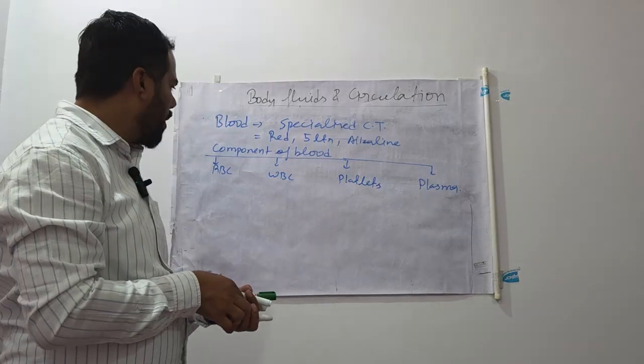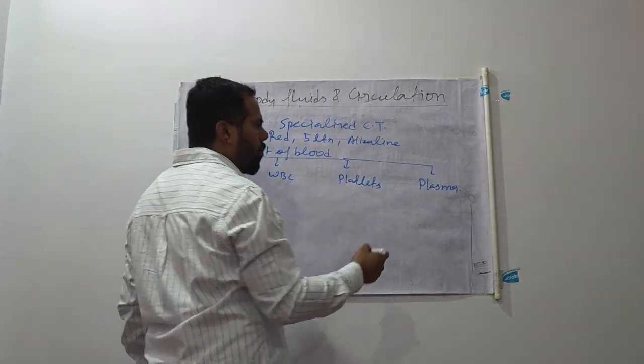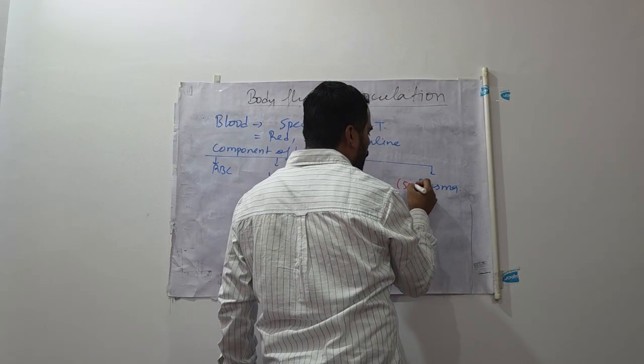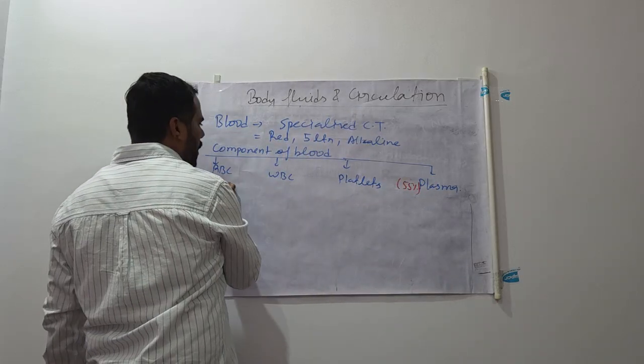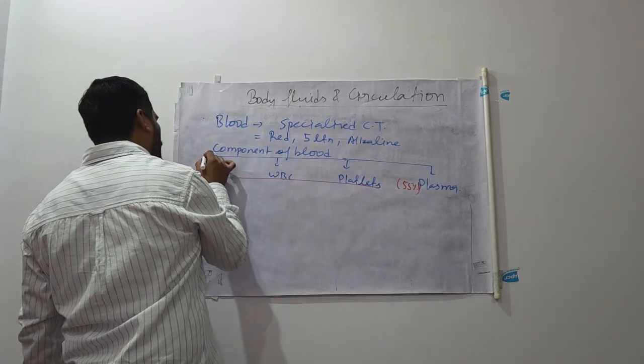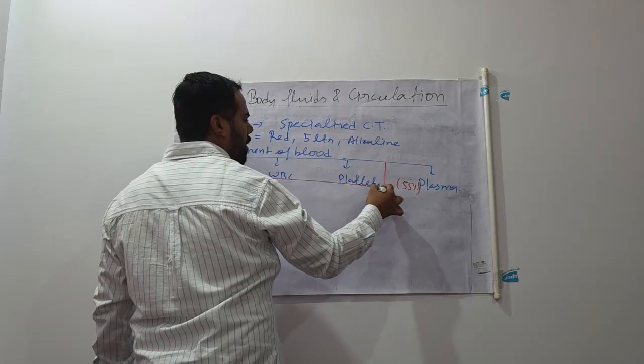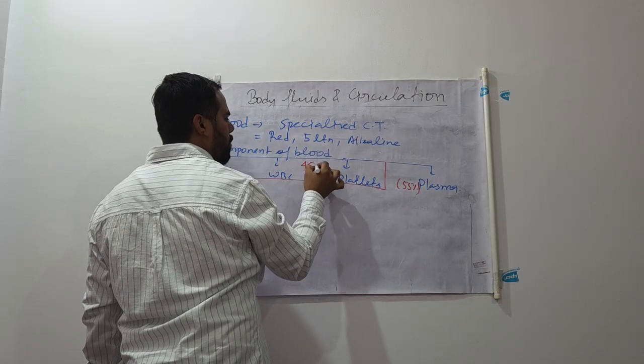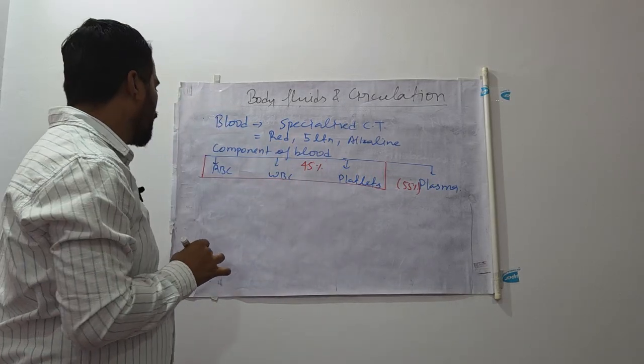Which one is the most important part? वैसे तो all are important, but the maximum part is the plasma. And the remaining three parts form 45% of blood volume.